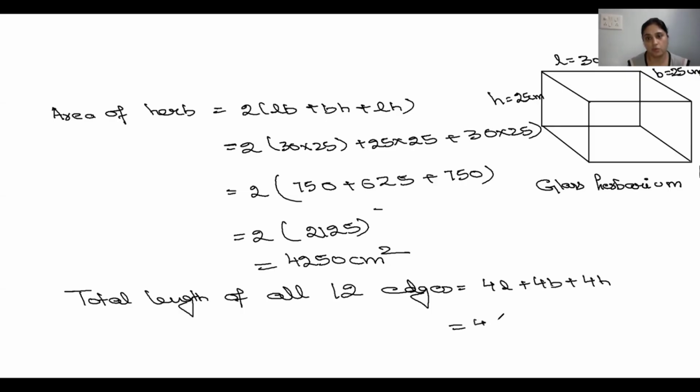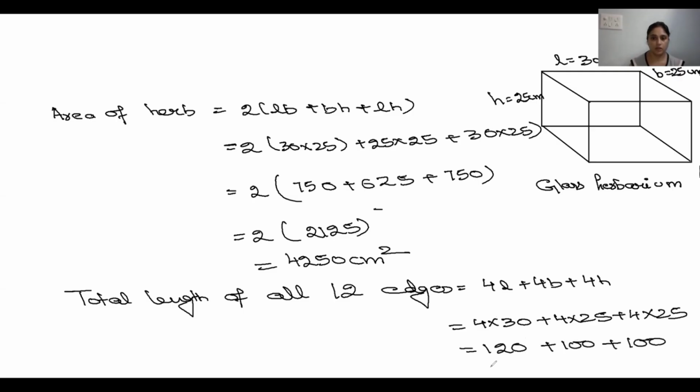So this will be 4 times 30 plus 4 times 25 plus 4 times 25, which is equal to 120 plus 100 plus 100. So this will be equal to 320 centimeters. So how much tape do we require? We require 320 centimeter of tape. Now students, let us proceed towards question number 7.